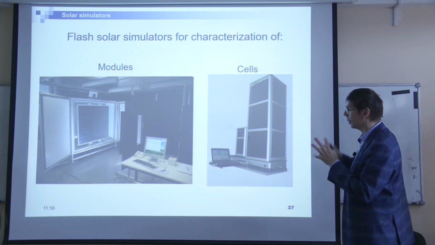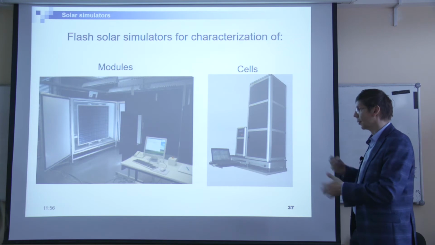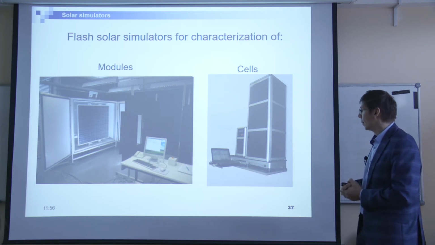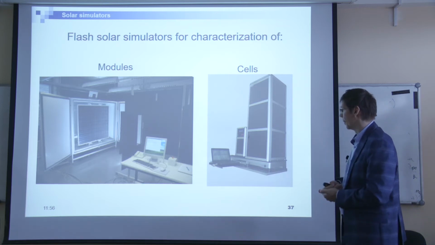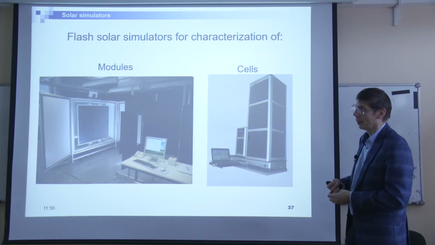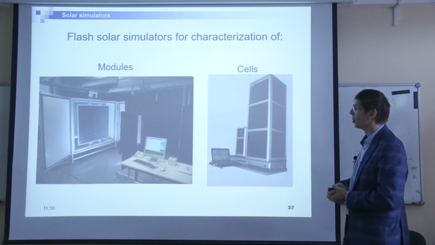Inside you have a source of light. You can move it to change the intensity, and you can use it to measure the characteristics of solar cells at one sun illumination, but you need calibration.